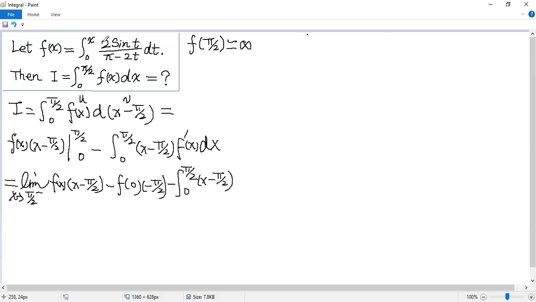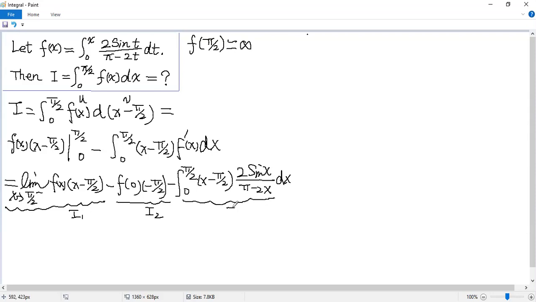Because f equals this integral, applying the fundamental theorem of calculus, we get f prime(x) equals 2 sin x over pi minus 2x. Now we denote the first part as I1, the second part as I2, the last part as I3. Let's look at I3.